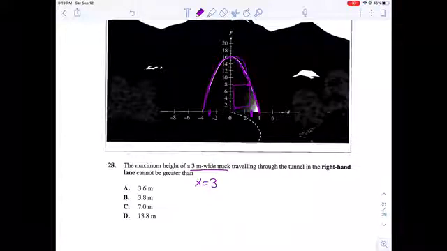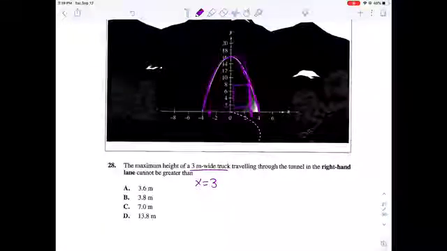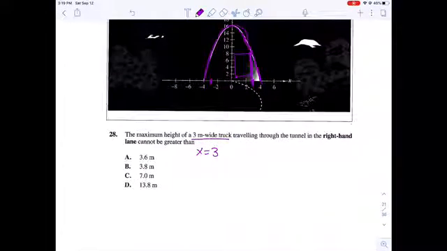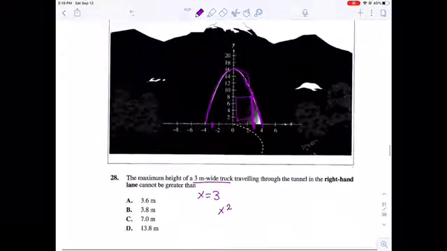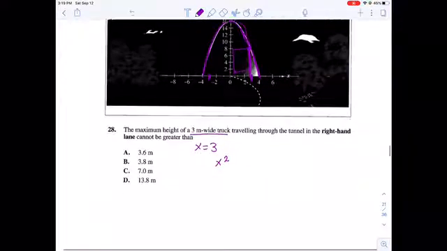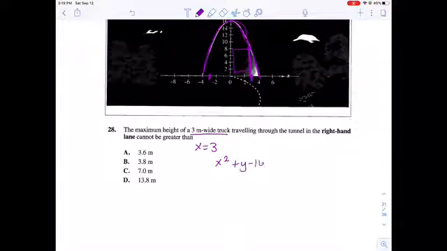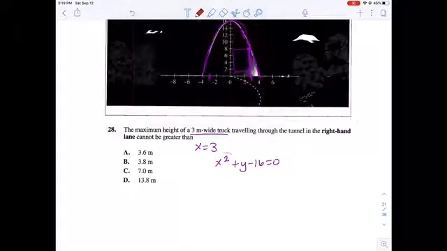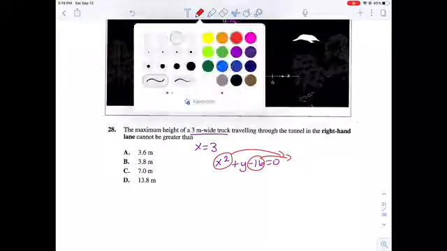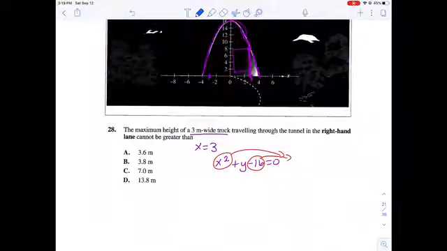Okay, if our truck is 3 meters wide, what's the max height that truck can be? So I'm just going to plug in and solve for my y value. Our equation is x squared plus y minus 16 equals 0. So I'm just going to isolate the y, moving over everything else, and we get y equals negative x squared plus 16.